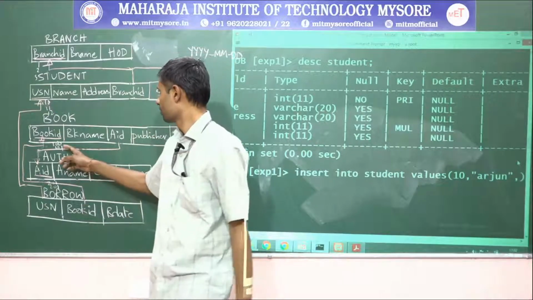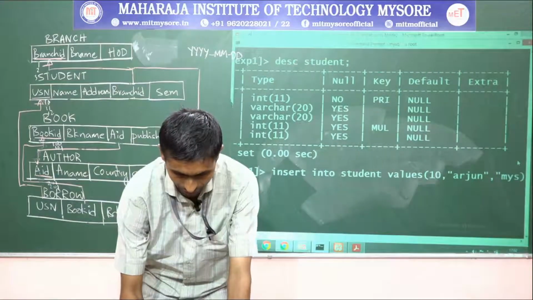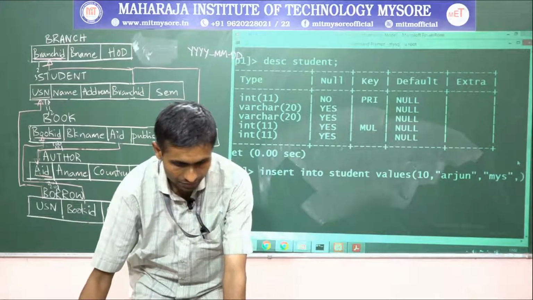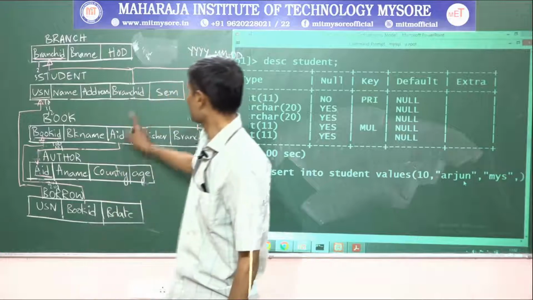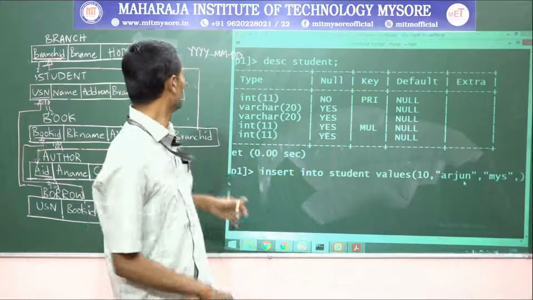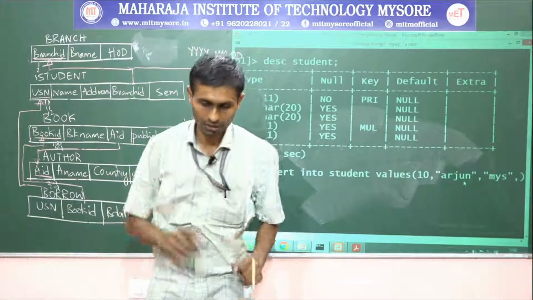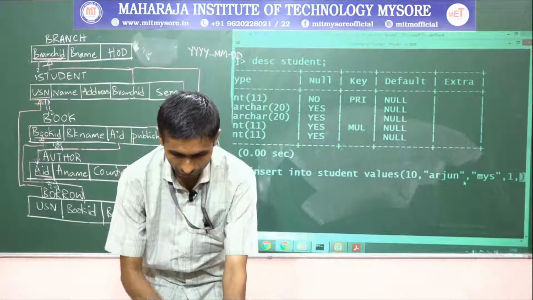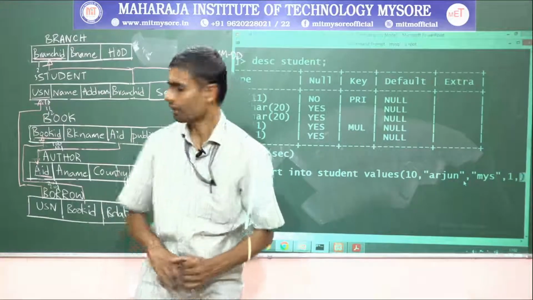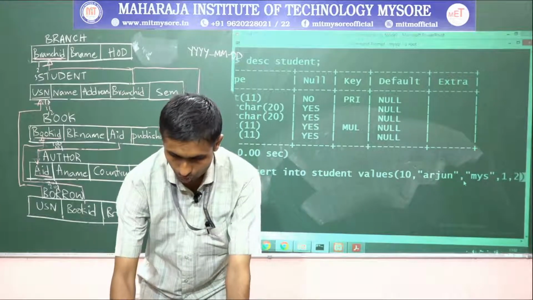Next, address will be Mysore. Then we have a branch ID, and branch ID should be taken from where? From the branch table, right? Only such values I can give. So let me make it 1, 1 means he belongs to MCA. Then what is the next attribute? That is SEM. Let me give semester 2.